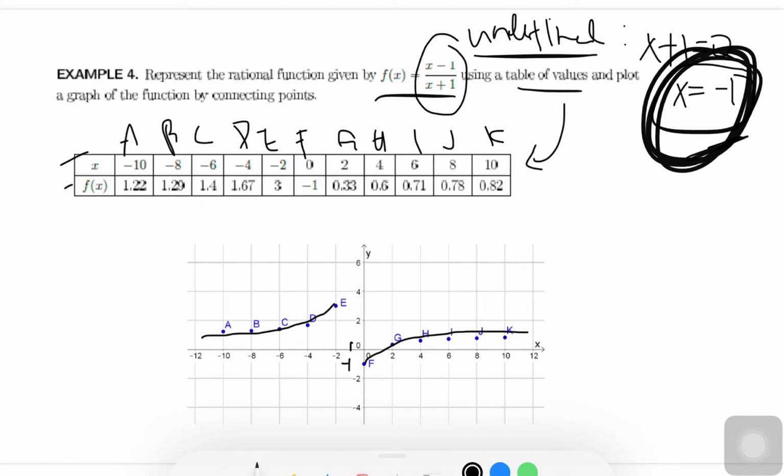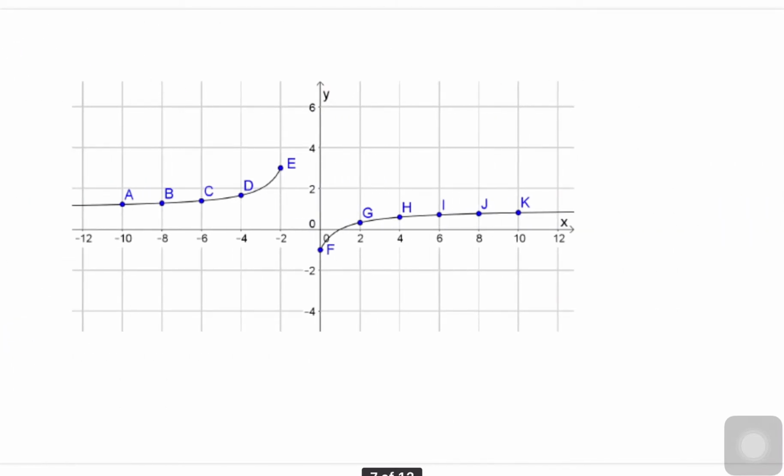It is undefined. So we cannot connect E and F. That is why this is a partial graph. It looks like this. It is not smooth because E and F are not connected. The two graphs are not connected, so it is not a smooth curve.